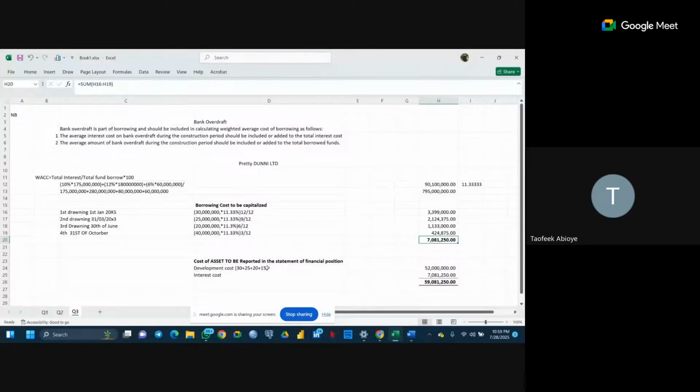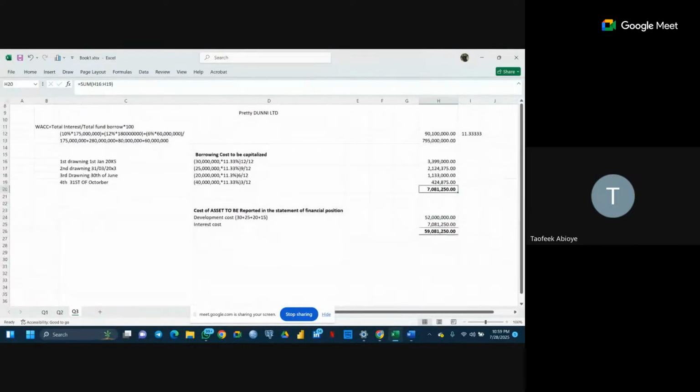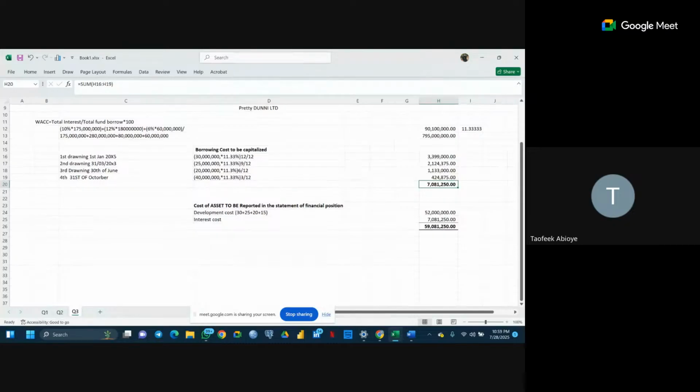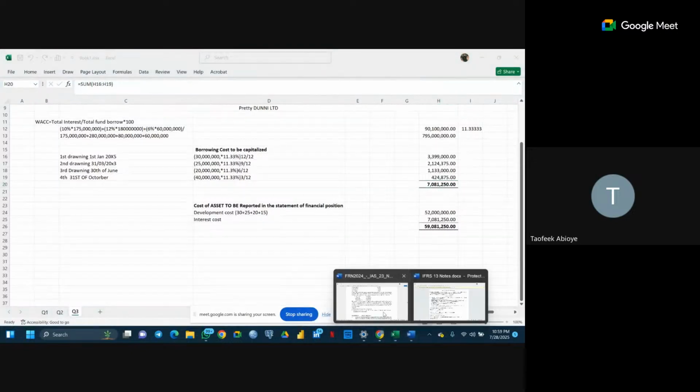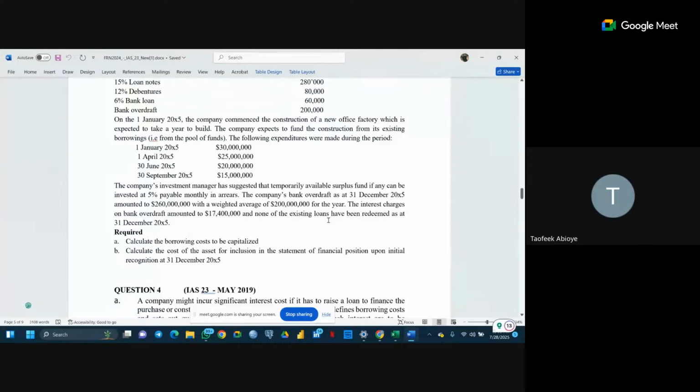This is what we arrive at. In this question, we are told that the company has the opportunity to invest their surplus for investment income, but we are not sure whether they did it or not. So this question is being solved with the assumption that the company did not actually exploit the investment income, because purposely, what I want to use this example to explain is funds from a pool of funds.